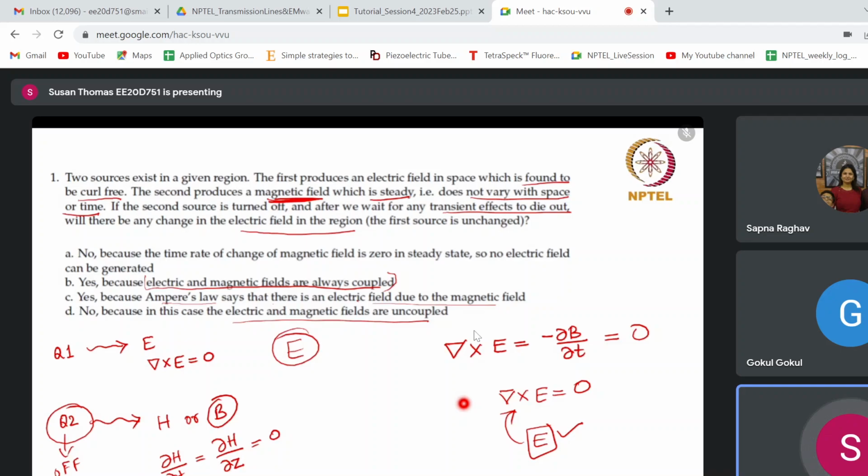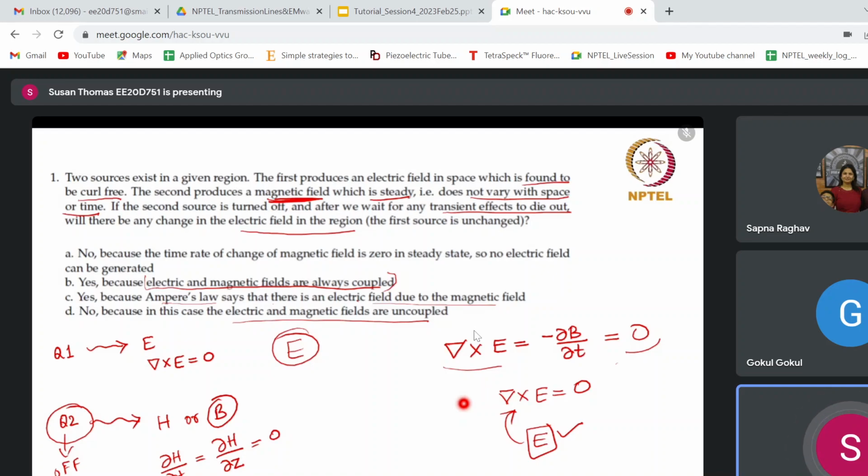That means electric field can exist even when the curl of that is 0. Okay, so here now what is happening, because this is not varying with respect to time, because the magnetic field is steady, del cross E is 0. Okay, and E and H are not coupled.